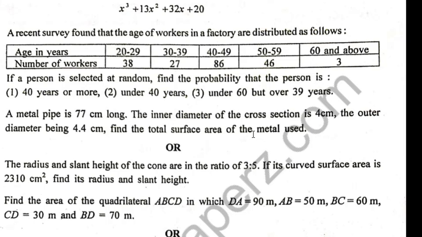If the person is selected at random, find the probability that the person is 40 years or more. So we have to find the probability of a person being 40 years or more.